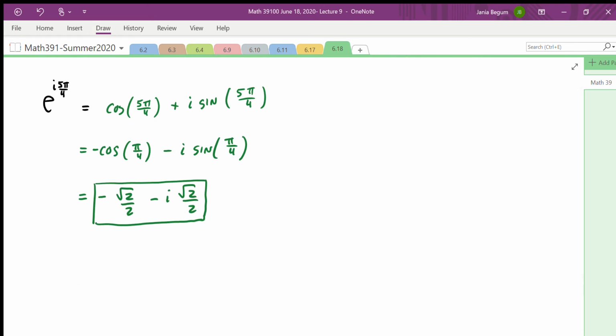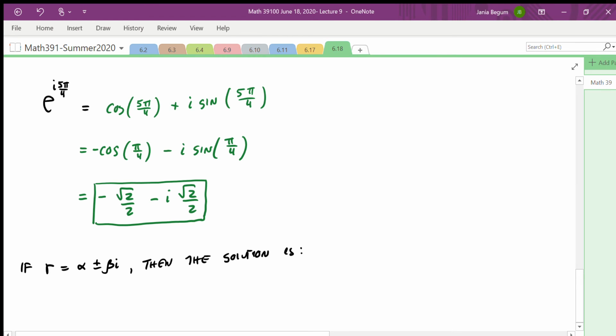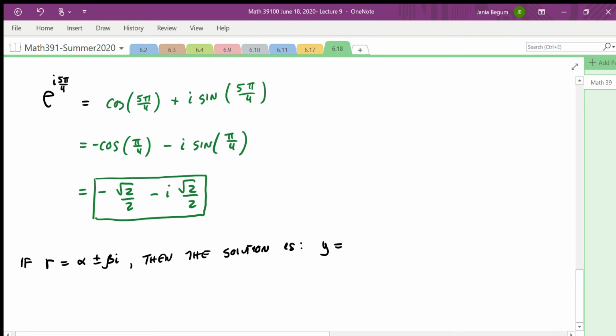If r is alpha plus or minus beta i, then the solution would be y equals e to the rt, well, r is now alpha plus and minus beta i times t, right?